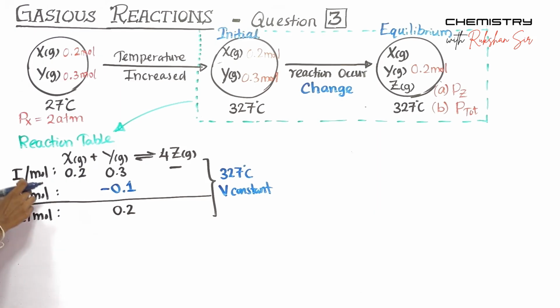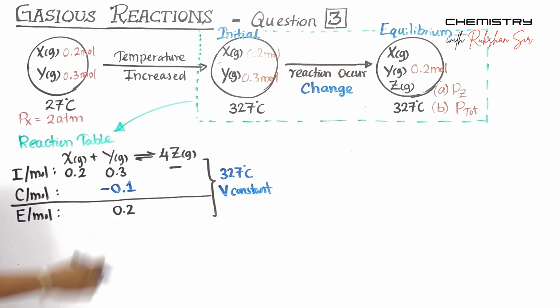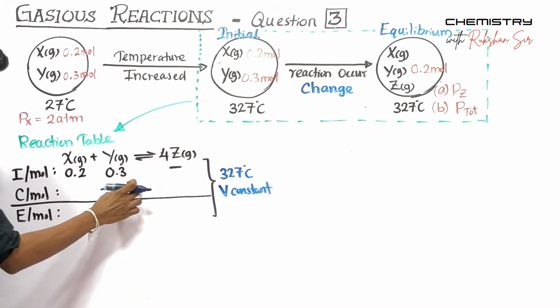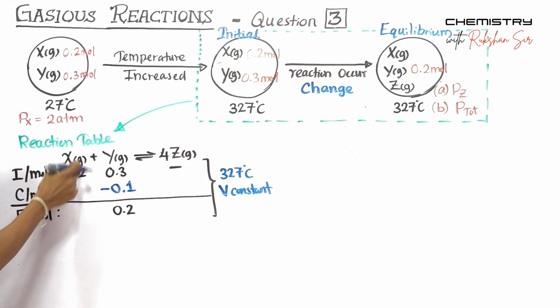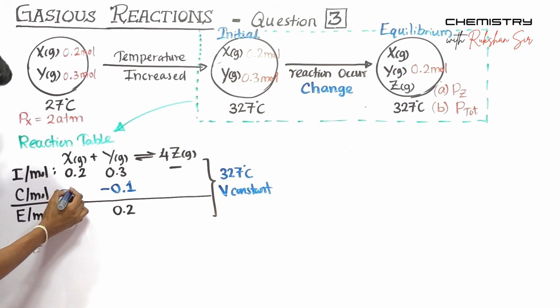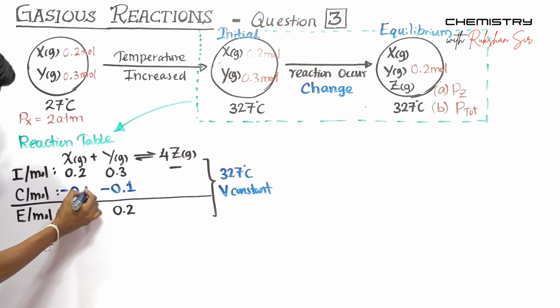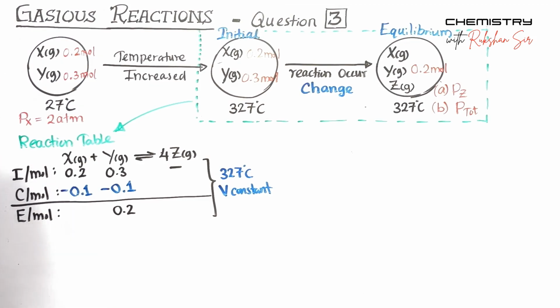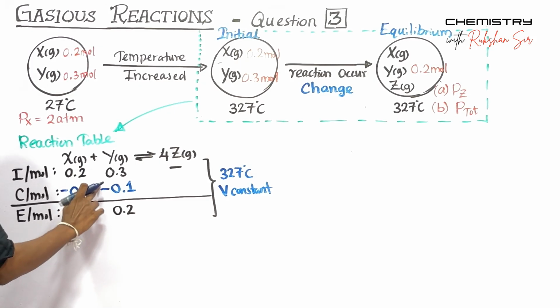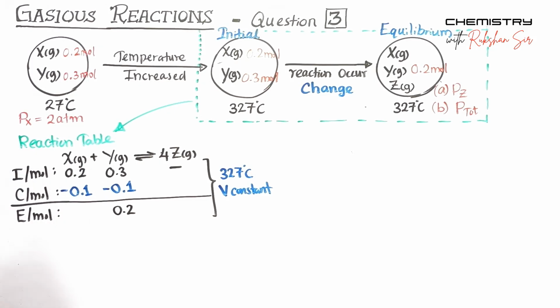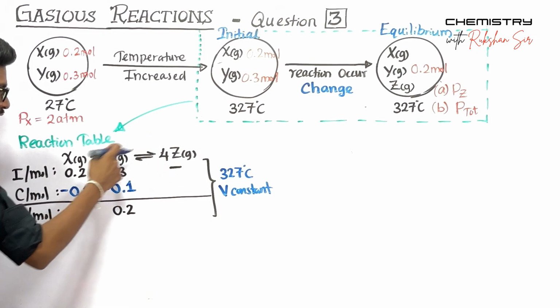Always, the change step happens according to stoichiometry, a 1 to 4 ratio in this case. So if 0.1 moles of Y react, the amount of X reacting will be the same, as X and Y are in a 1 to 1 ratio. Y to Z is a 1 to 4 ratio.